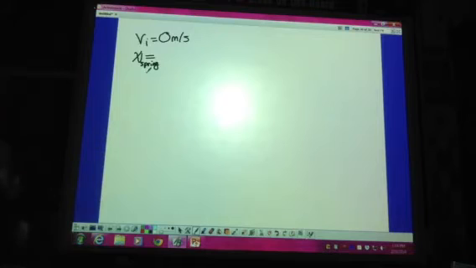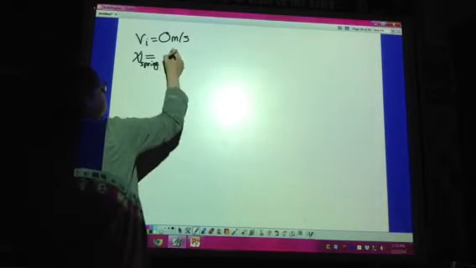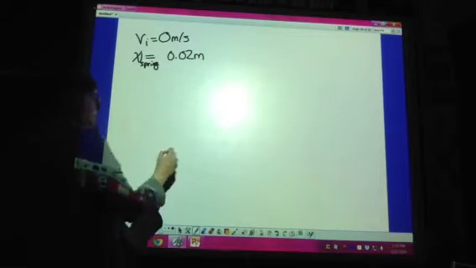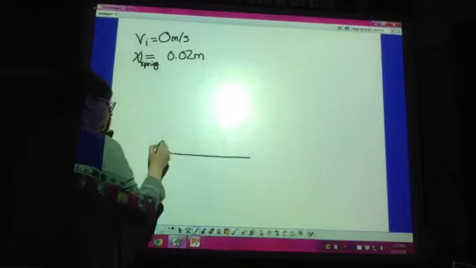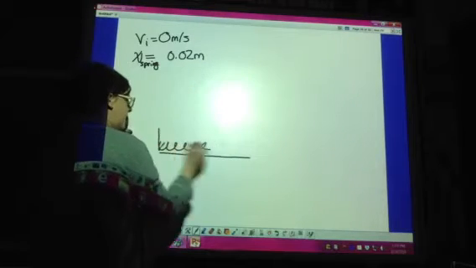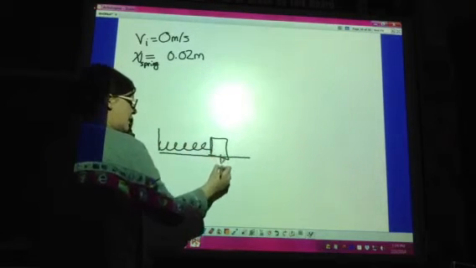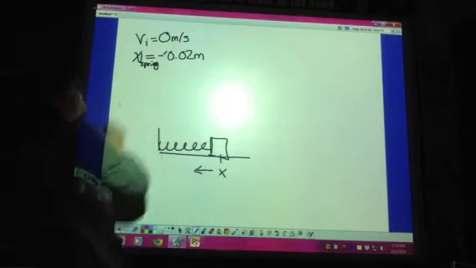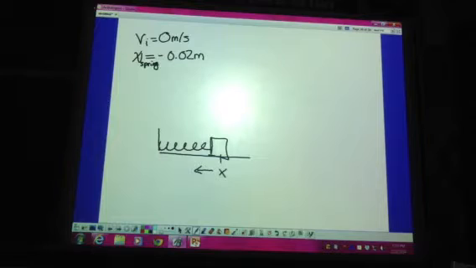It was 2 centimeters, but actually that's 0.02 meters. Since the equilibrium position is at x equals 0 and we're compressing the spring, technically this should be negative 0.02 meters.